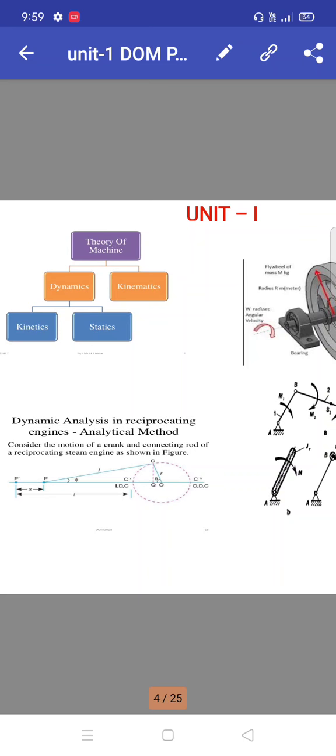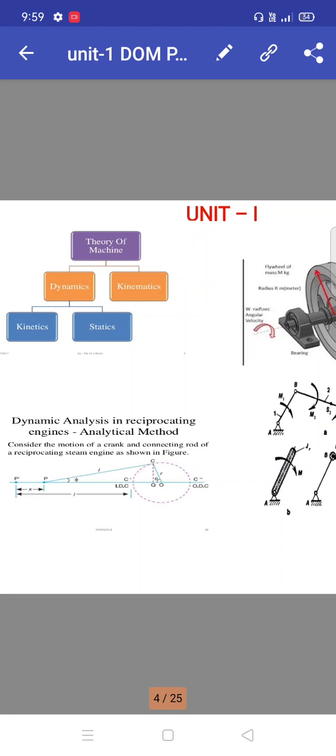The theory of machines is categorized into dynamics and kinematics. Then dynamics may be classified as kinetics and statics. Generally dynamics means the object in motion, and kinetics is also the object in motion.